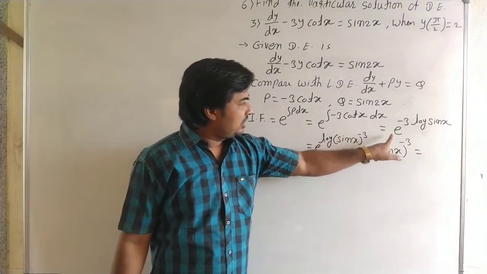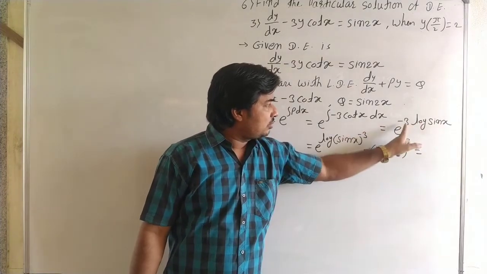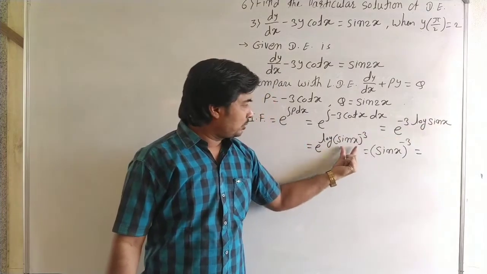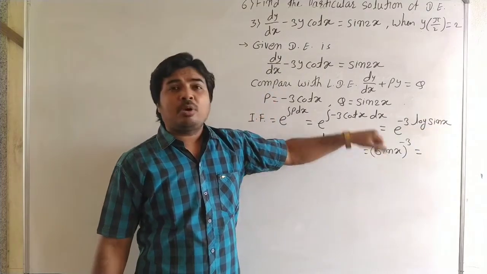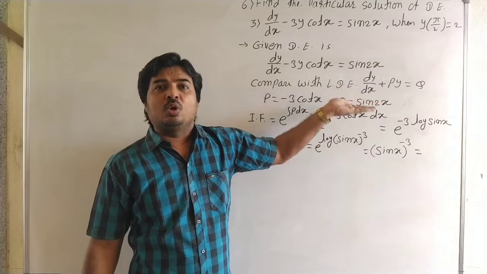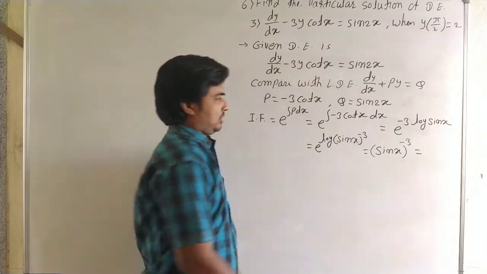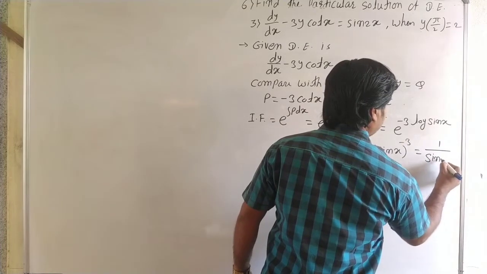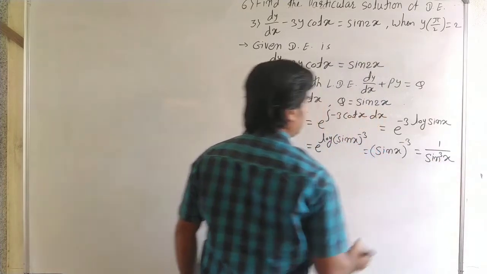Integrating factor is e to the power minus 3 log of sin x. Minus 3 we write in the power of sin x. Therefore sin x to the power minus 3, that means 1 upon sin cube x, is the integrating factor.